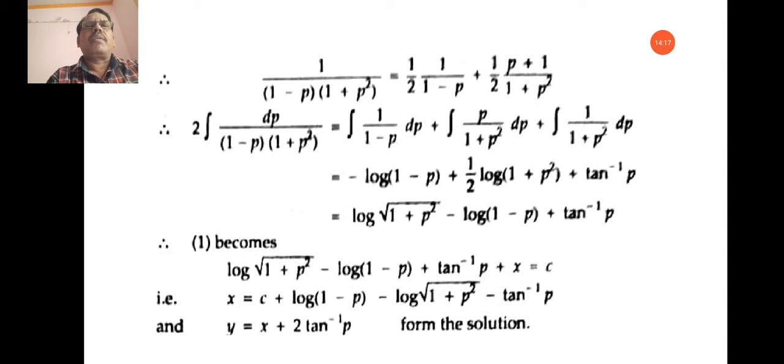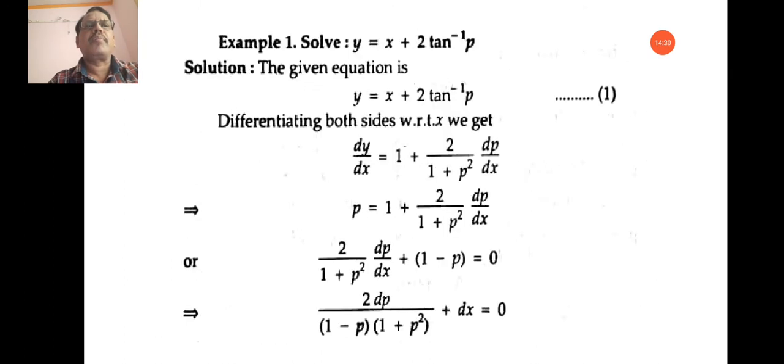So in this way we can find the solution of first order and higher degree equations by using the method called solvable for y. So it is one of the important types. The method is: first, express the given differential equation as y is equal to a function of x and p, and differentiate with respect to x.